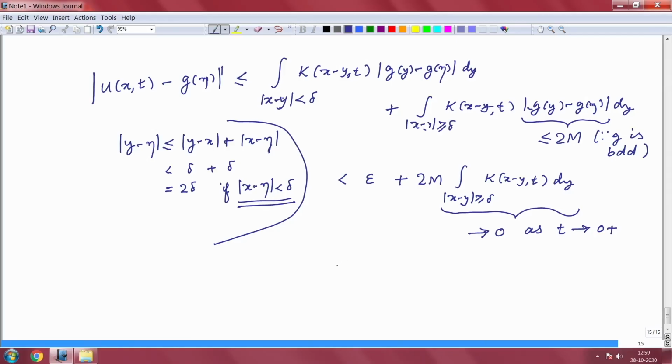So, we can make it less than epsilon if |x - eta| is less than delta and t is sufficiently small.